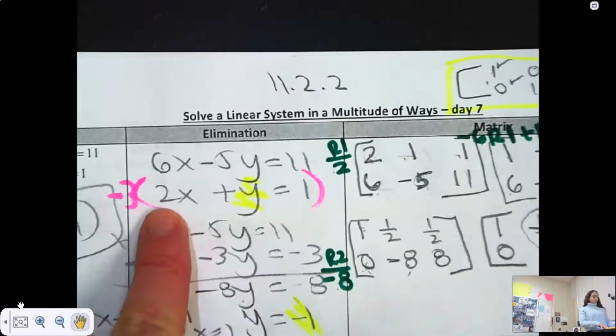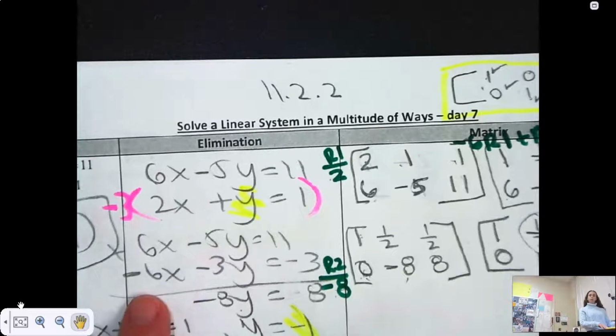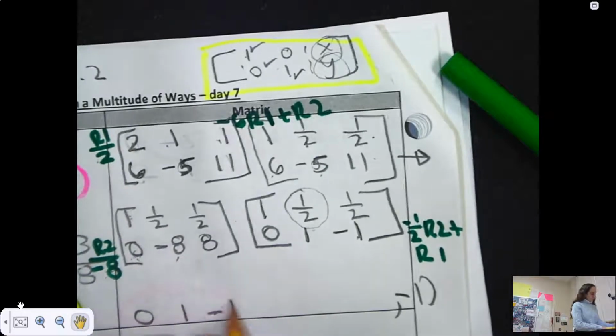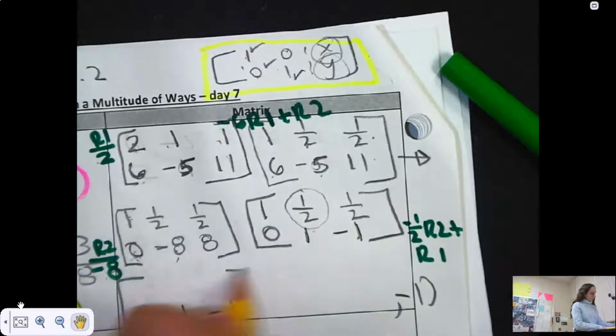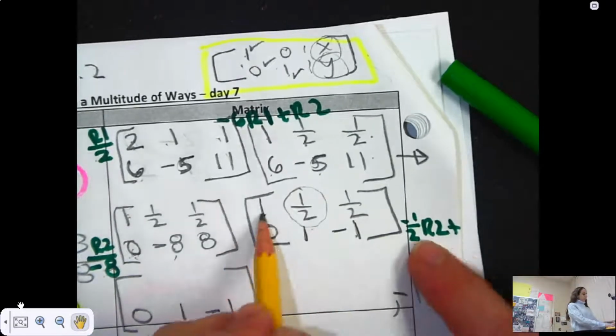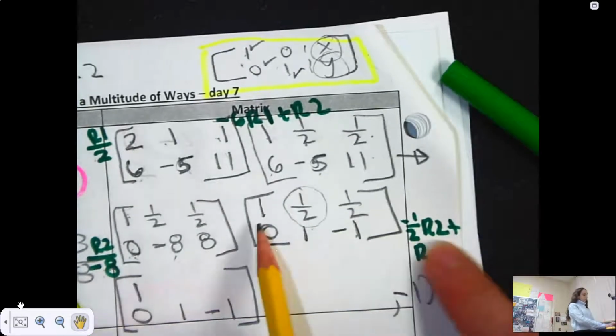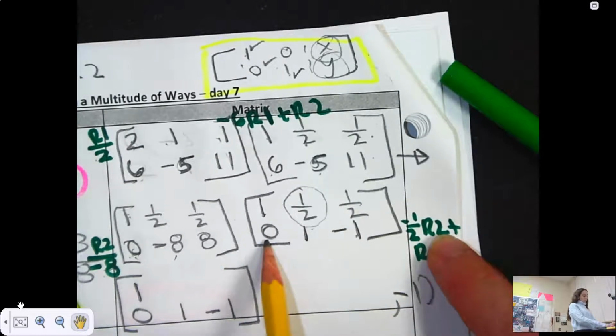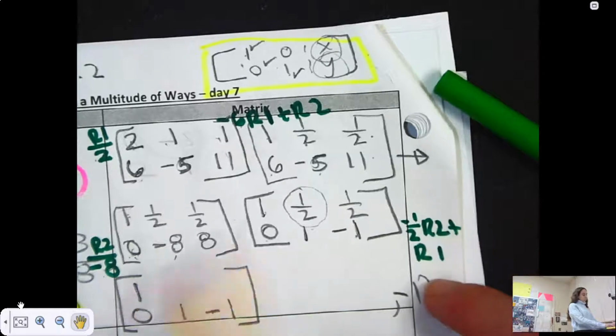You did the opposite, and then you added it to this, and it went away. It'll take some getting used to. So remember, the second row is exactly the way it's supposed to be. I'm only changing one row at a time. I am not that cool that I can do more than one row at a time. If I did this, the 1 should stay, right? Because I did negative 1/2 times this is 0, plus 1 is still 1.